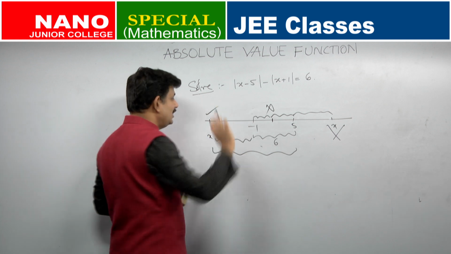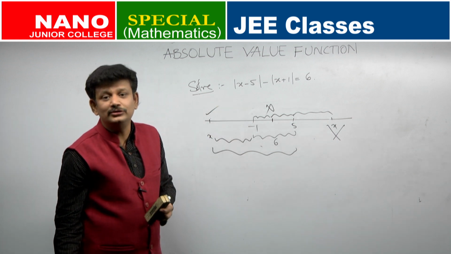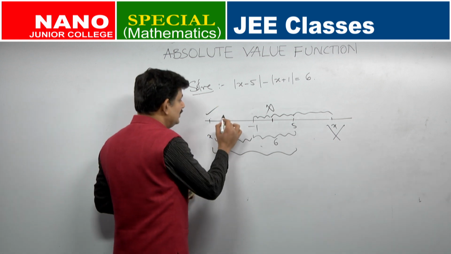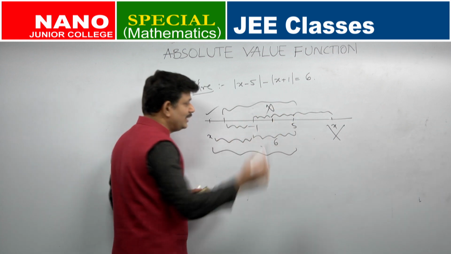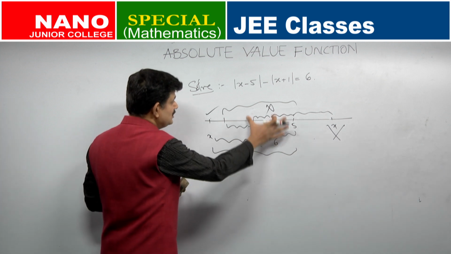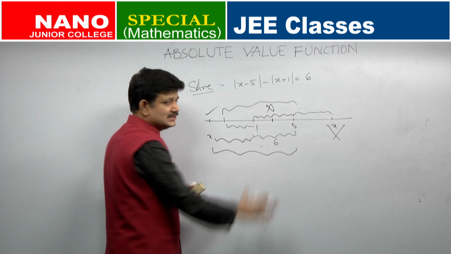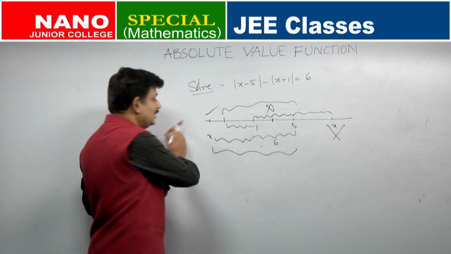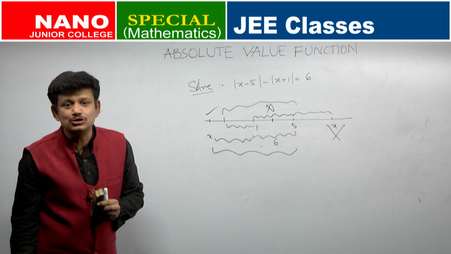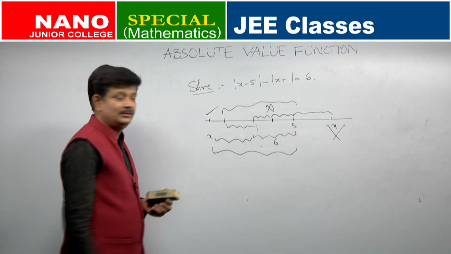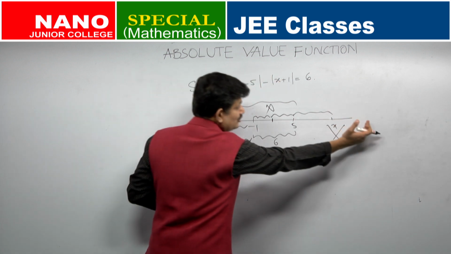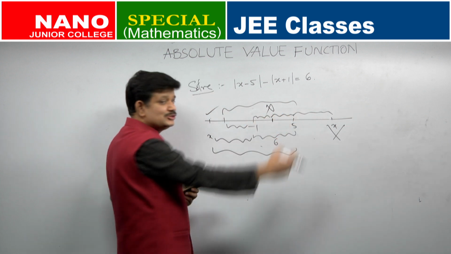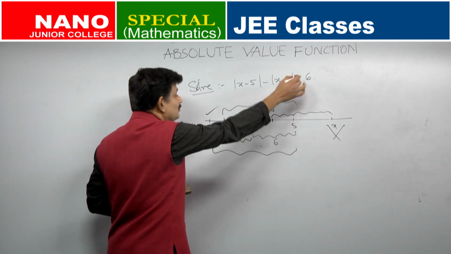So, every number on this side will be part of your answer. You take any number, the distance from 5 minus the distance from minus 1 will always be how much? This particular distance. How much is it? 6. So, whatever number you take to the left of minus 1, the difference will always be 6. Whatever number you take here, the difference will always be minus 6, but I want it to be 6.